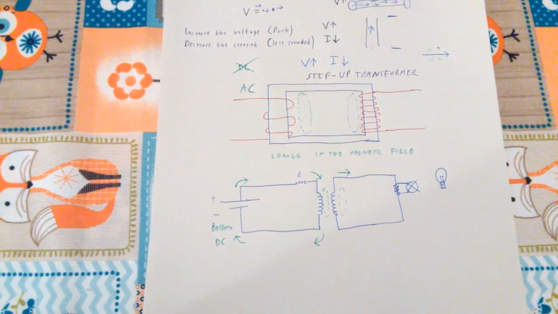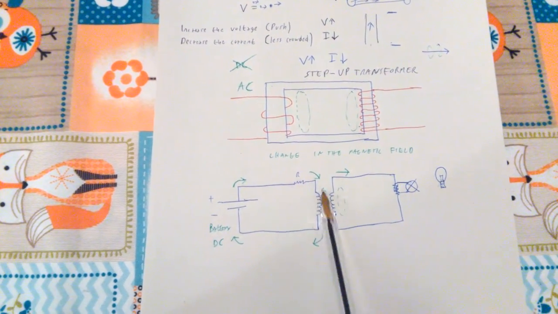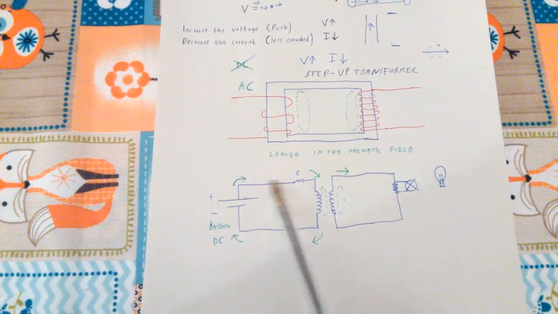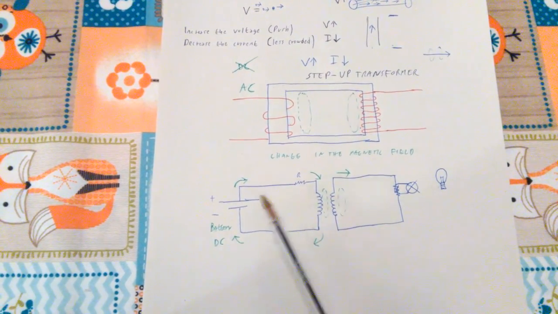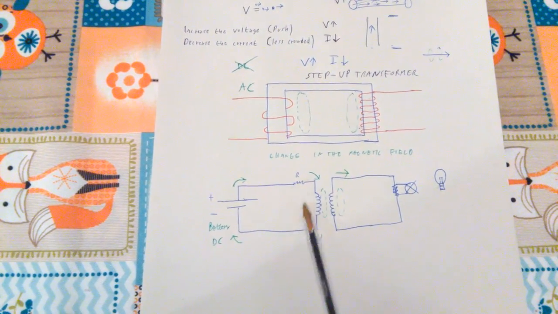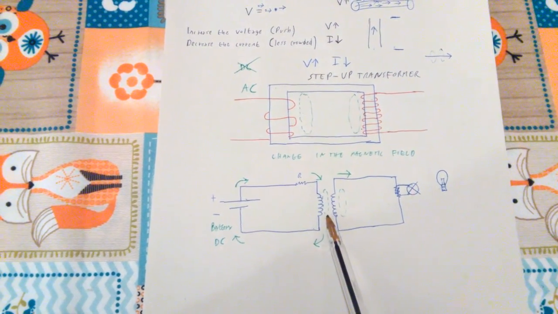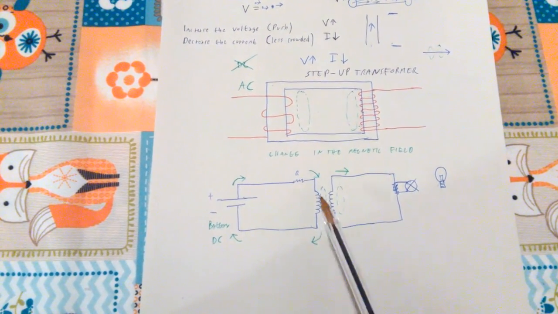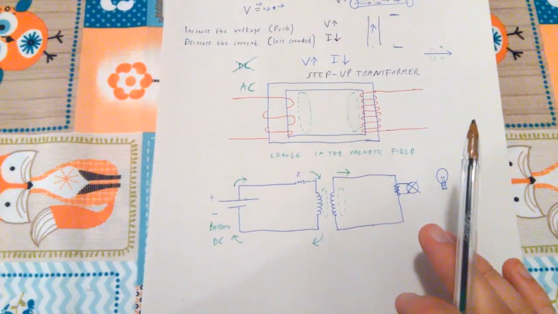Why does this happen? Well, because direct current is flowing in this direction continuously. It never stops. Well, it stops when the battery runs out of power. But anyway, it's just going in this direction. Therefore, the magnetic field is generated at the very beginning, and then it never changes.